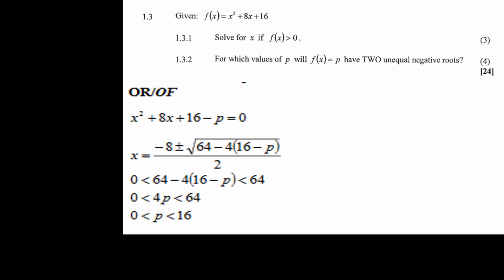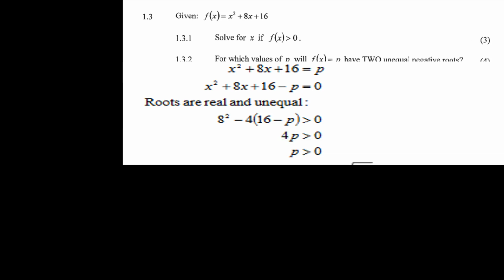Now here's the most elegant of all of them. Go back to the quadratic. x squared plus 8x plus 16 equals p. x squared plus 8x plus 16 minus p equals 0. Now for both roots to be real and unequal, b squared minus 4ac, or 8 squared minus 4 times 16 minus p, must be greater than 0.